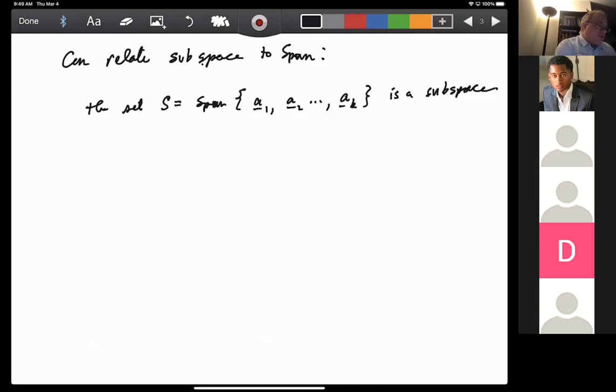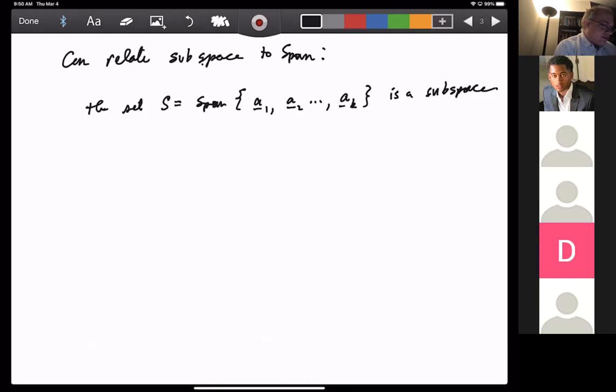What does it mean when you're talking about span? The span of the set of vectors is just the set of all possible linear combinations of the vectors. So clearly, whatever this set of vectors is, if I take two entries in there and add them together, I'm just going to get another linear combination that lives in the space.